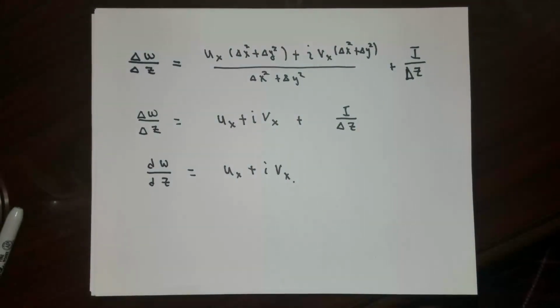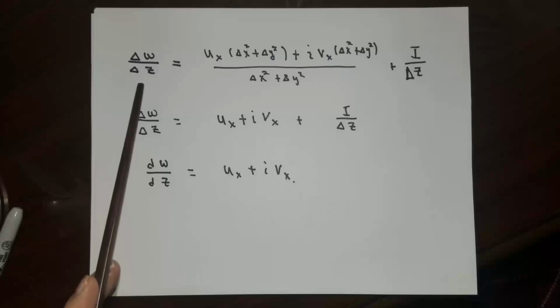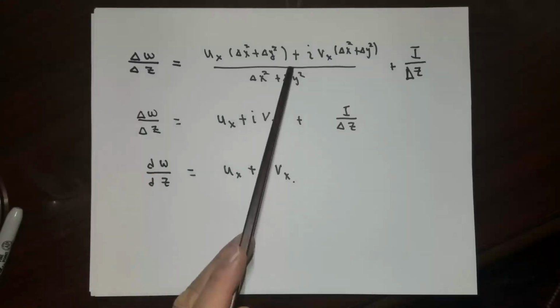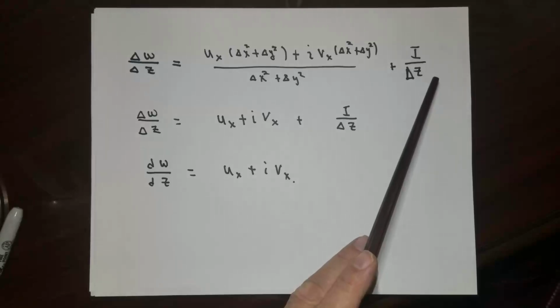We have assumed that u and v have continuous partial derivatives. We have assumed that the Cauchy-Riemann equations hold. The conclusion is that delta w divided by delta z is this quantity plus a term that tends to 0 as delta z tends to 0.